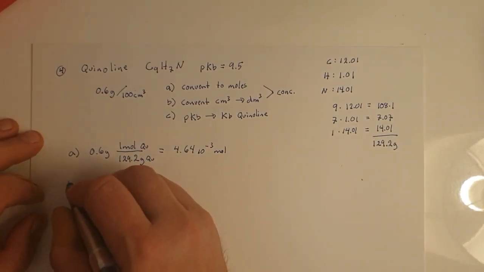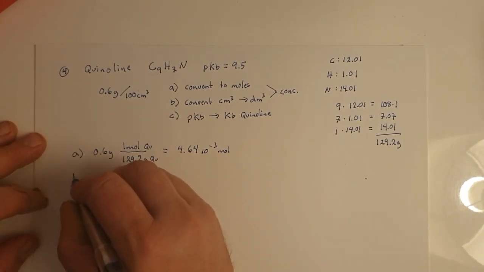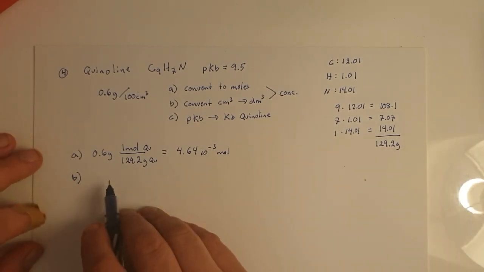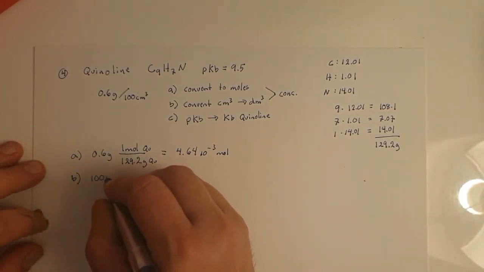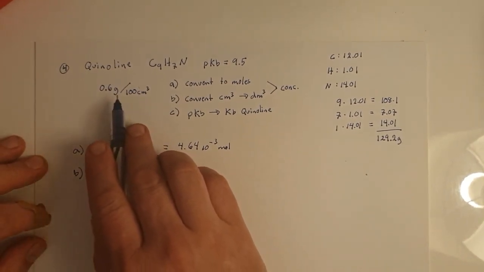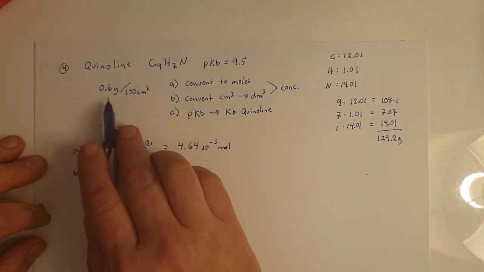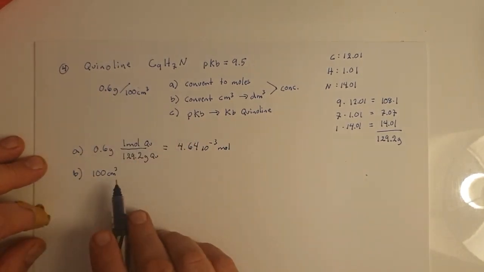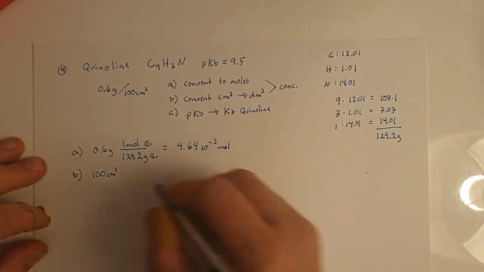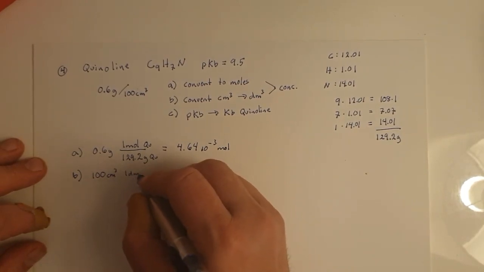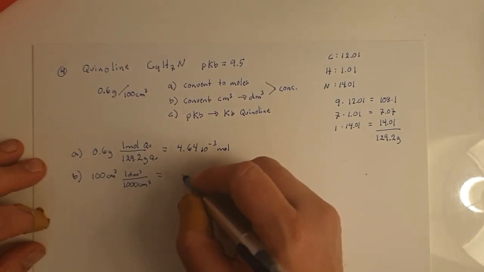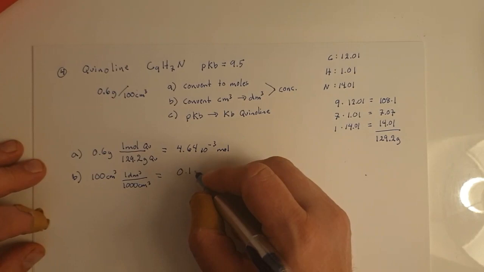The second part of the question then requires us to figure out B, which is 100 cubic centimeters. Remember, the saturated solution was 0.6 grams in 100 cubic centimeters. We do the conversion. We should know this conversion, but I can write it out. 1 dm3 is 1000 cm3, which makes 0.1 dm3.